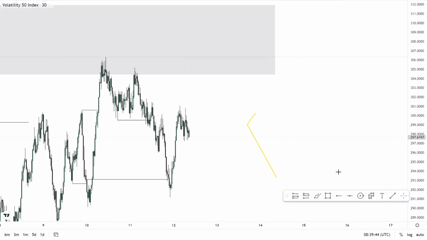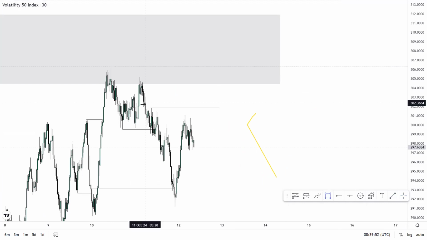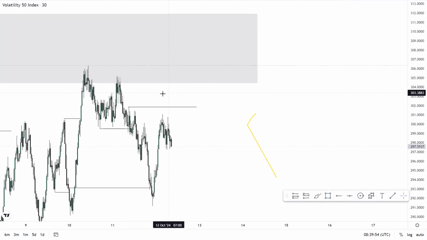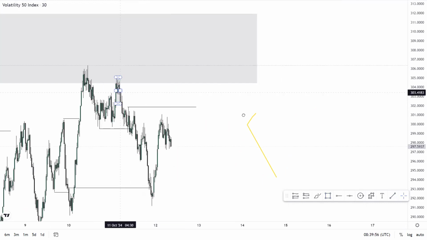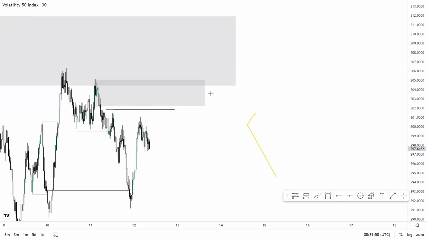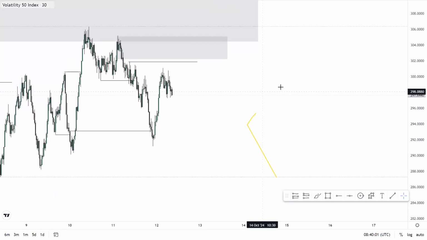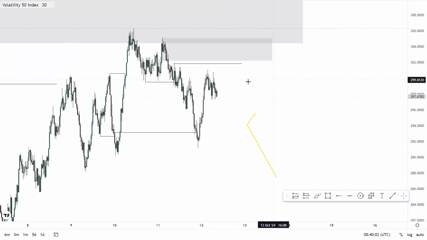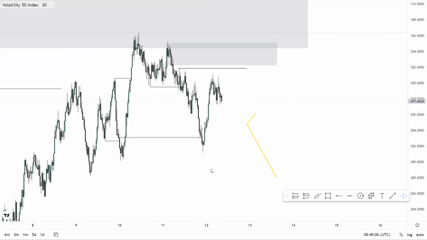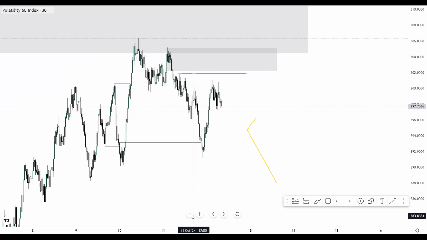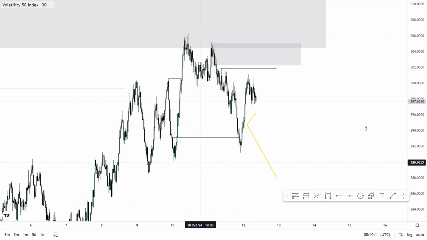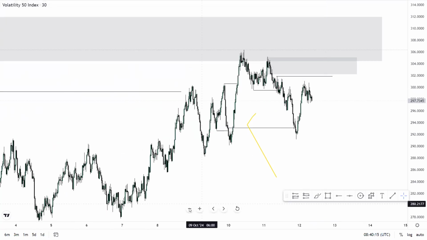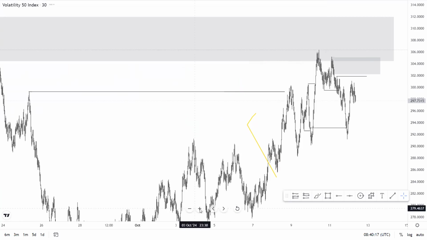I'm looking for sells on this volatility 50. This is where I'm looking for my sells. I'm looking for my sells there. That's the area I'll be looking for sells on volatility 50. That's my outlook for sell on volatility 50.